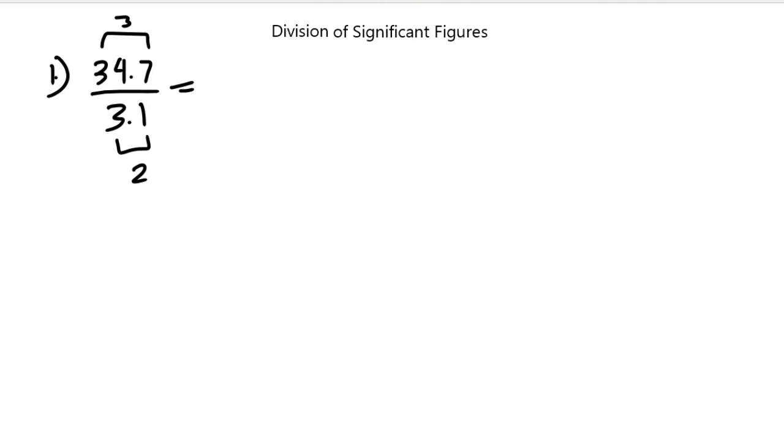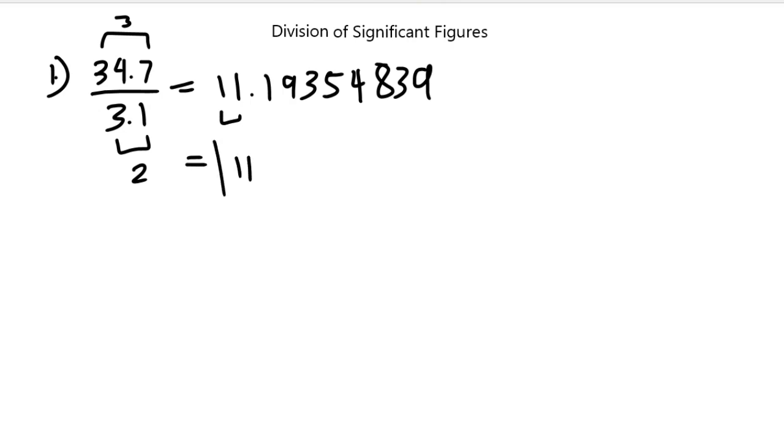So let's just use our calculator here. 34.7 divided by 3.1 is 11.19354. So I'm going to put all the numbers that I got in my calculator, so we can see what we're going to round up or round down. So we got 11 as our final answer.